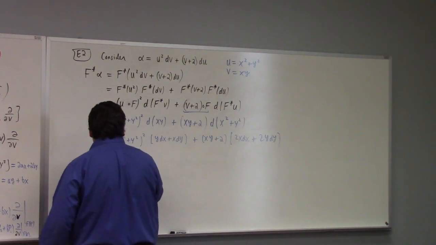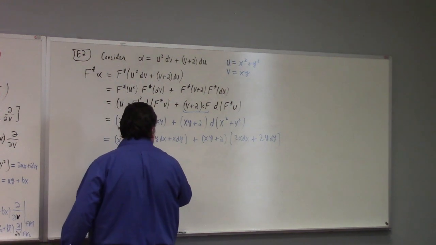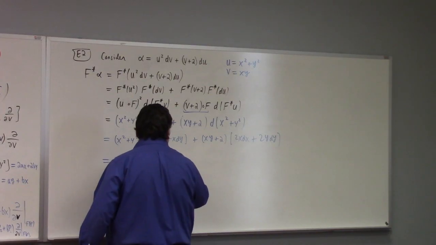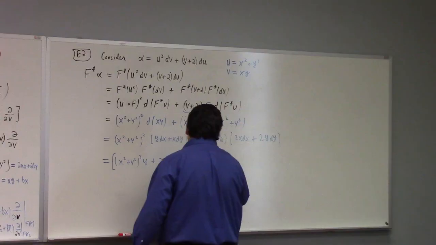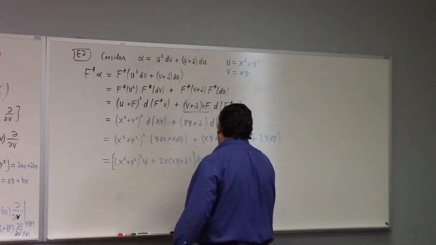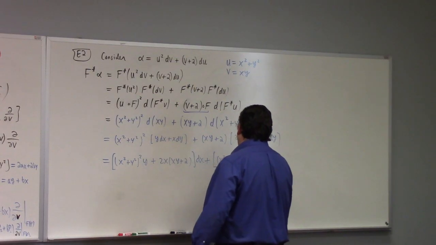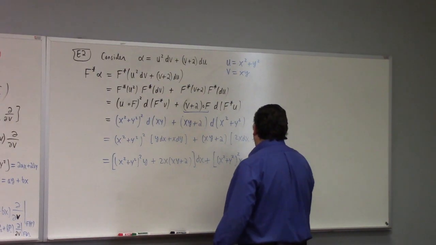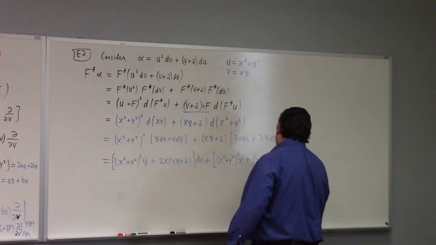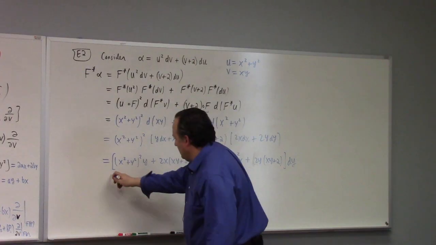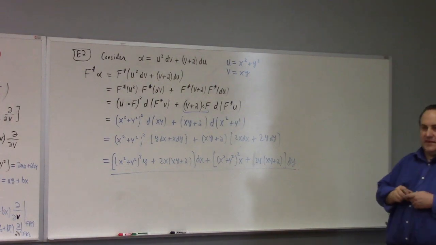So we've got x squared plus y squared, squared, times y plus 2x times xy plus 2, all times dx, plus x squared plus y squared, squared, times x plus 2y times xy plus 2, close big parentheses, dy. There you go. That's the pullback.